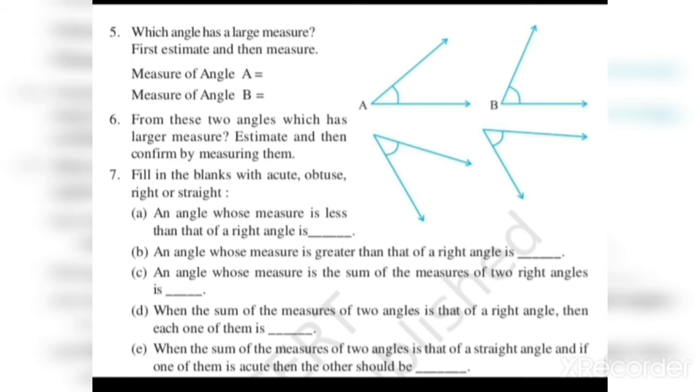First estimate and then measure. Here write the measurement of angle A and B after measuring the angles using protractor. Measure the angles, write the measurement of angles, and then write which is the larger angle. Very easy. By observing also we can say angle B has a large measure.